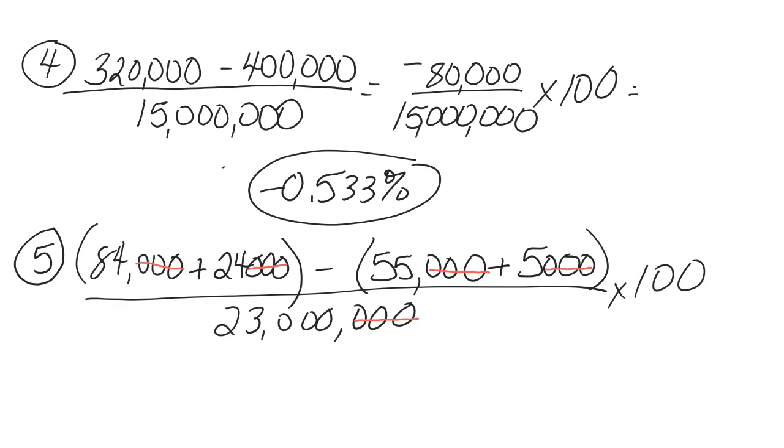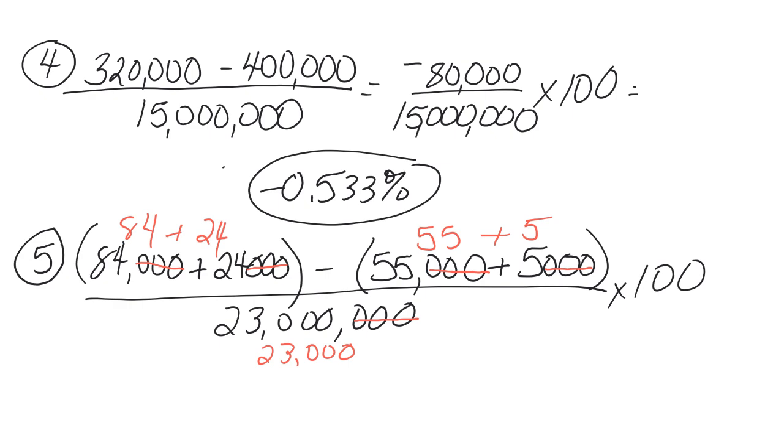And so now I can do 84 plus 24, and I can do 55 plus 5, and then down here is 23,000. And that just sometimes makes it simpler, and you can even solve it the first way with a bunch of zeros, and then the second way without the zeros, and make sure you get the same answer.